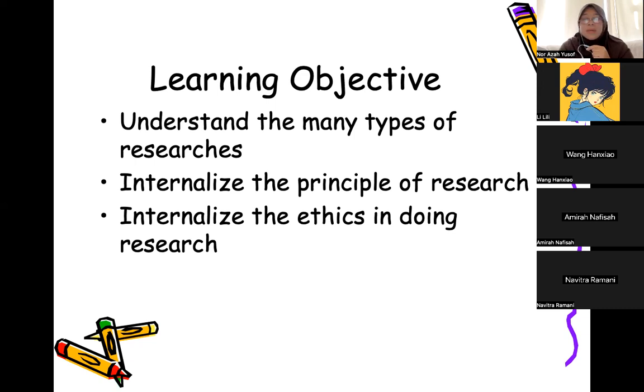But as a guide, there are a few things about research that we should grasp. There are many types of research, but the main thing is you understand the principle of how to start. Where to start and how to start is very important.